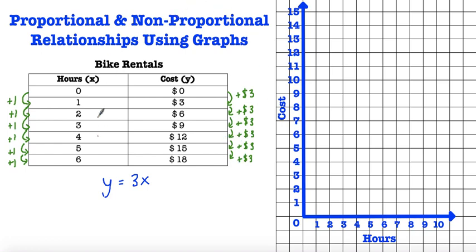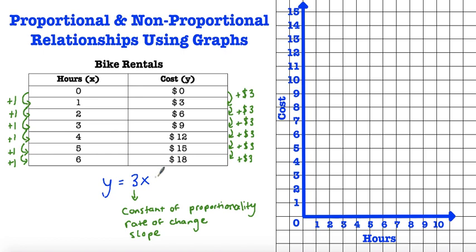So don't forget that the 3 is our constant of proportionality. It's our rate of change. And it's our slope. Okay?